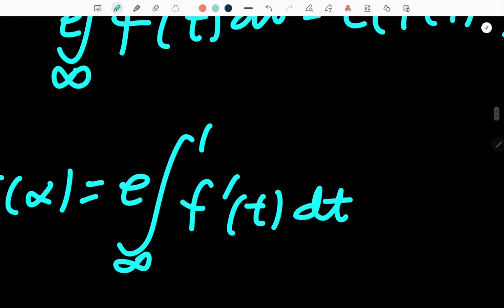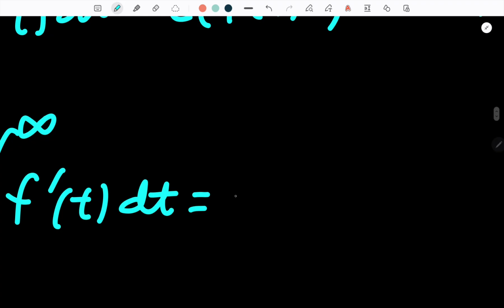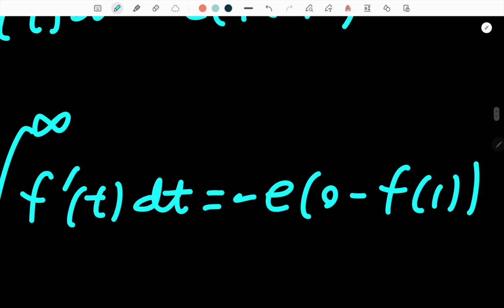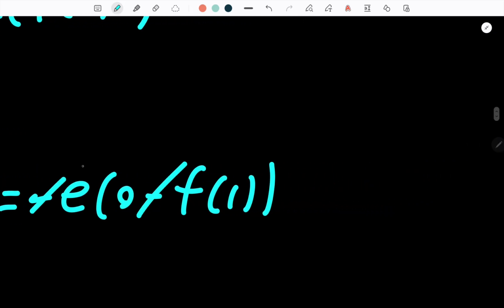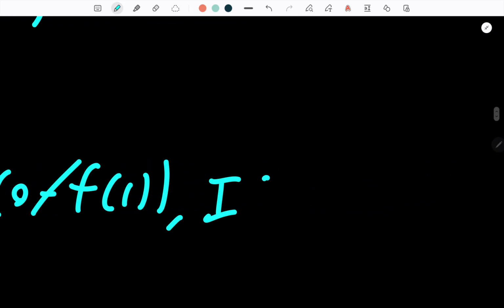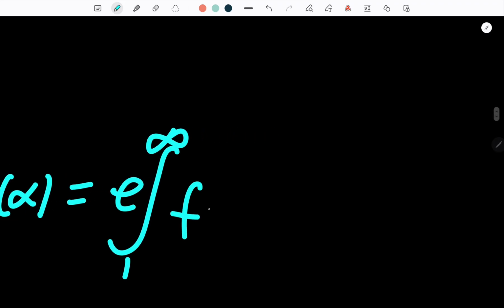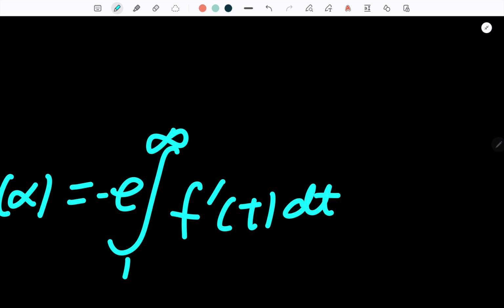Or we can go ahead and multiply a negative sign and start from 1 and go to infinity, because this is just going to be negative e times the limit that I just did a minute ago, minus f of 1, okay? And this negative are going to cancel. Therefore, I of alpha is also the same thing as e times the integral from 1 to infinity of f prime of t dt, and then a negative sign right there.